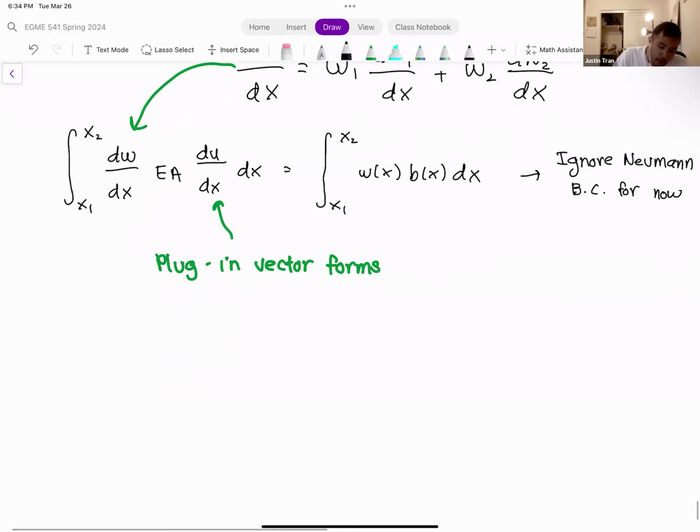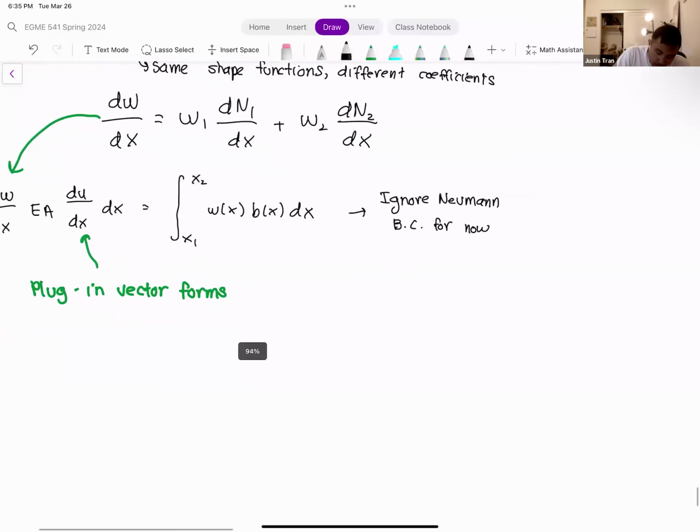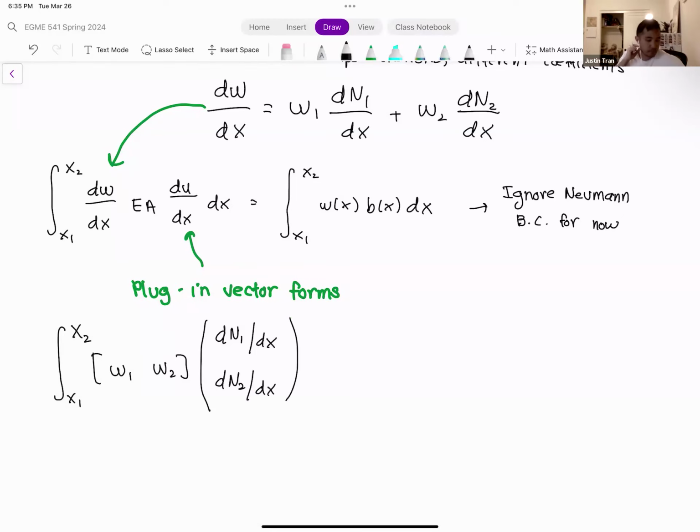Their vector forms look like the following. Integral from x1 to x2 of the vector w1, w2 times the column vector dN1/dx, dN2/dx.